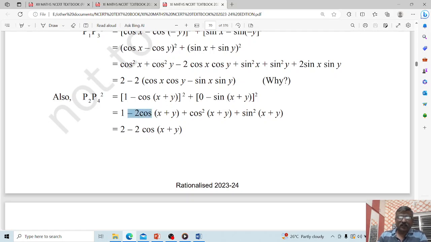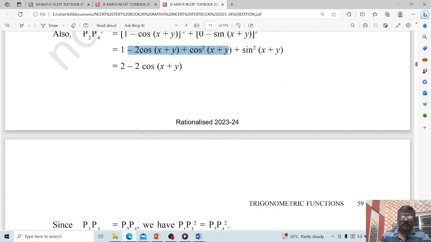So this is the formula a minus b whole square that we have used here. Plus, here 0 is there, so minus of sin of x plus y the whole square is nothing but sin square of x plus y. So again here you get 2 minus 2 cos of x plus y.